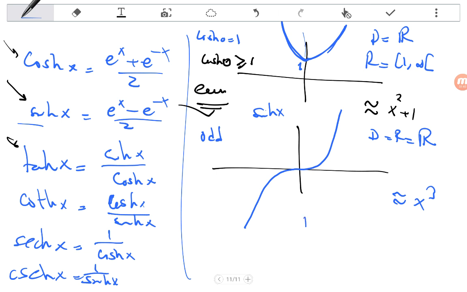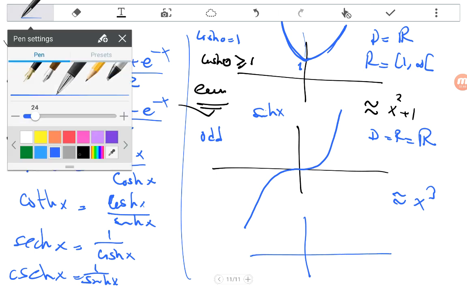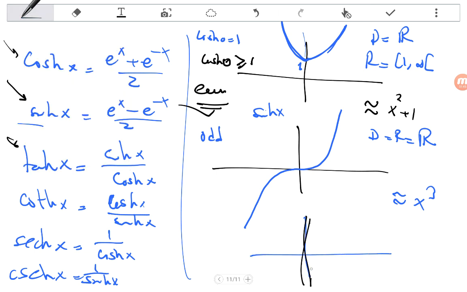What about the tanh? Now the tanh has a special property: for infinity it will approach 1, and for negative infinity it will approach negative 1. So the graph of tanh is like this.